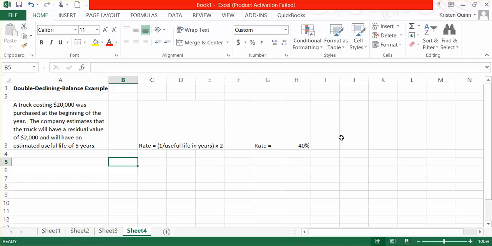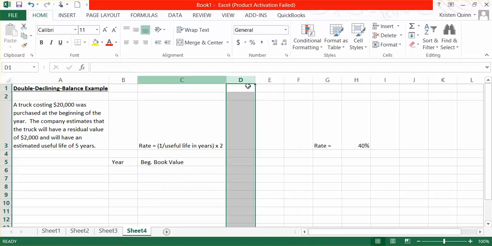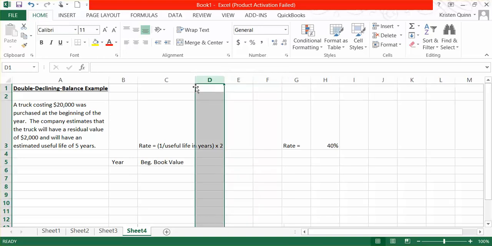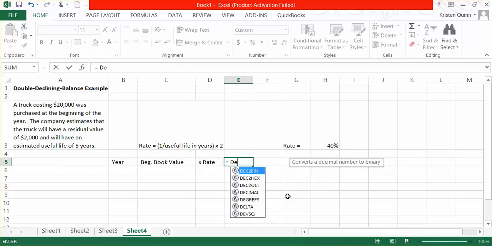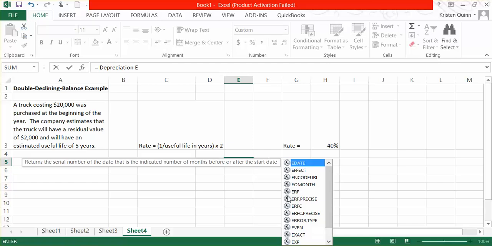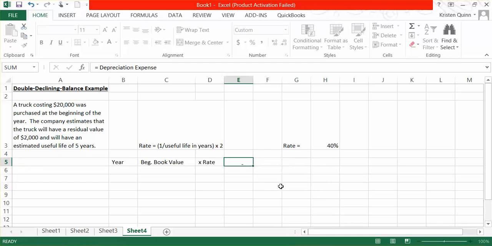When doing the double declining balance method, the best way to start is to establish a chart. So we'll have the year that we're going to depreciate. We will have the beginning book value of the asset that we will be dealing with. We're going to multiply that by our double declining balance rate to get to our depreciation expense for that period.